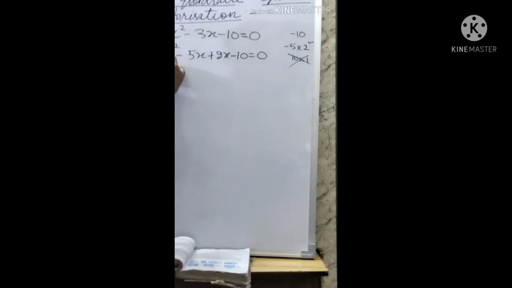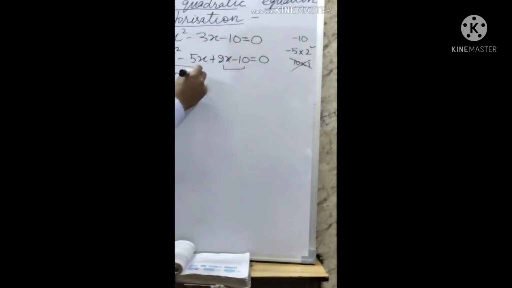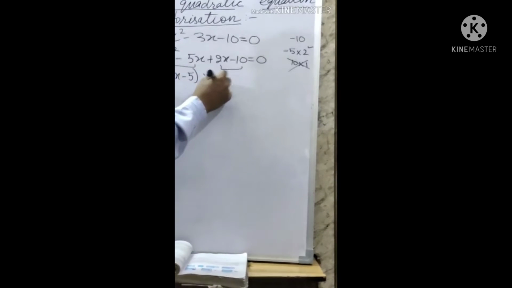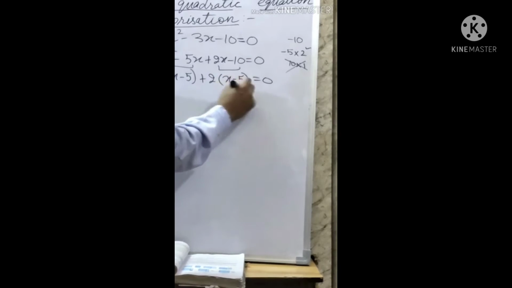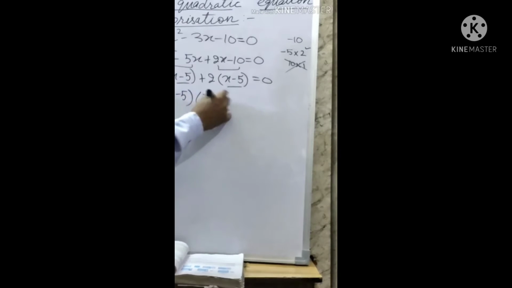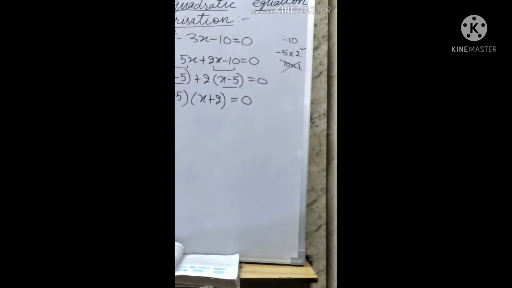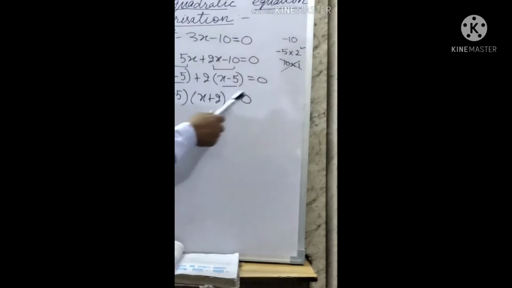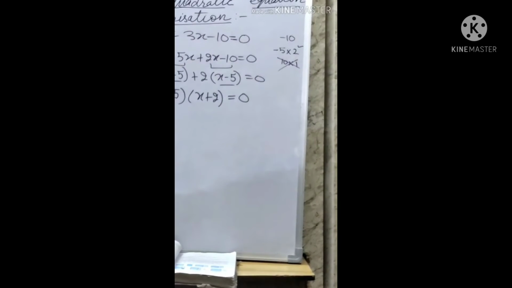Now in the first two and last two terms, here x is common: x into (x minus 5), plus 2 common: 2 into (x minus 5). So x minus 5 outside, and inside x plus 2 equal to 0. So the product of two terms is equal to 0. If the product of two terms is equal to 0, it means either one is 0, since 0 into something is 0.